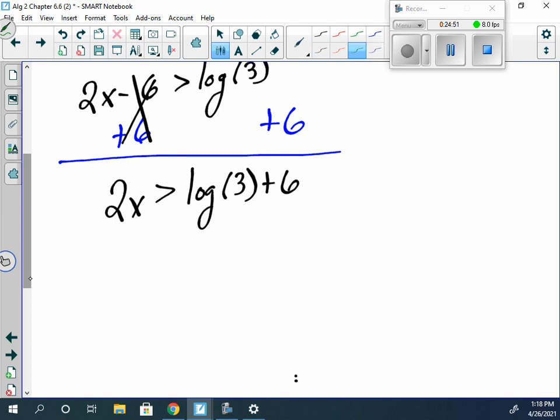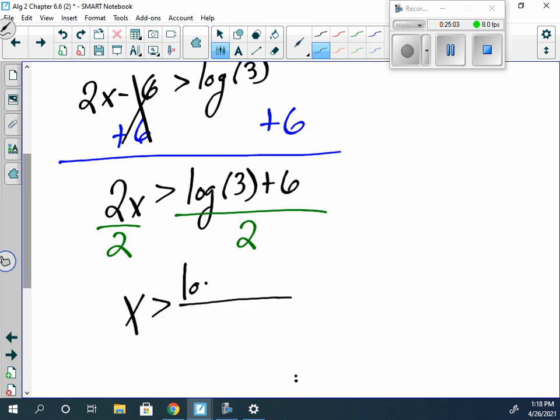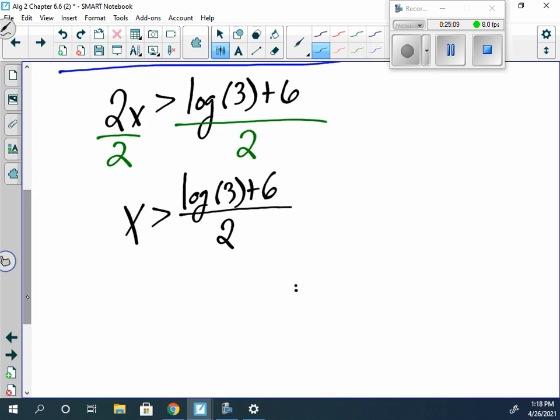And last but not least, we can divide by 2, which will tell us that x is greater than log of 3 plus 6, divided by 2. We had to get x by itself.